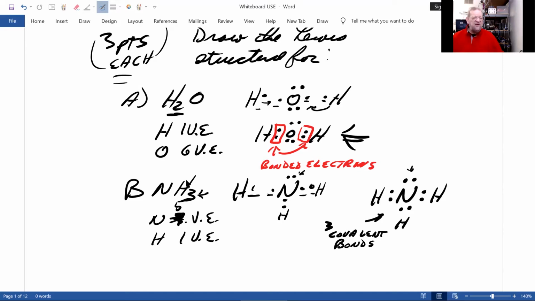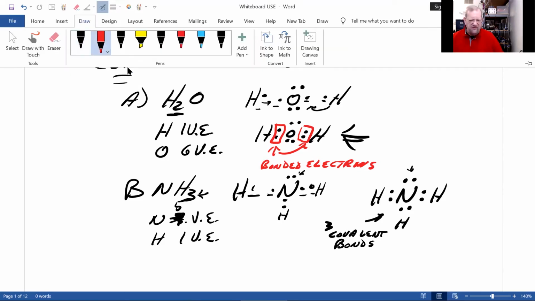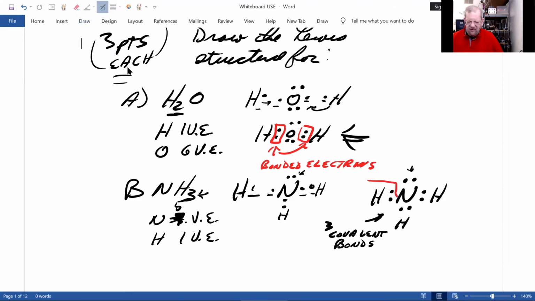Now, one of the things I talked about earlier, and I should bring up now, is if we look at hydrogen, this one, notice how many electrons, both bonded and non-bonded, does it have? And the answer is 2. Now, there's the octet rule. Remember, octet means 8.